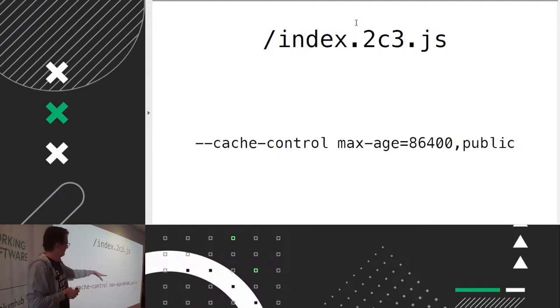And it's public data, it doesn't depend on user data, so CDNs can just use the same file for everyone. And this is an S3 CLI option to set all the headers when you upload the file to S3.